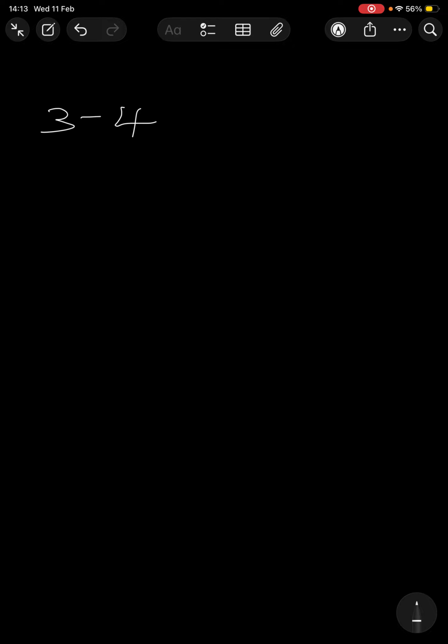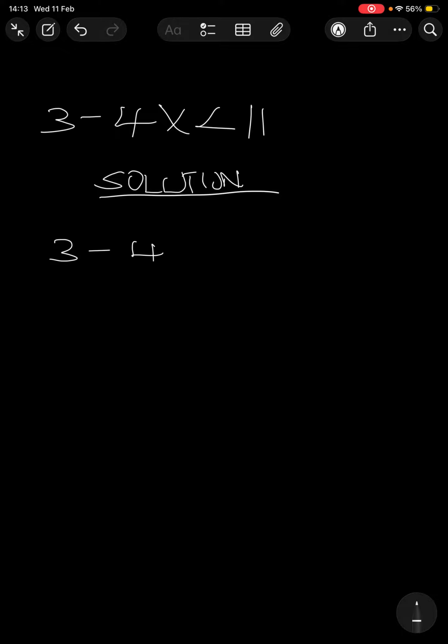Example 2, we have 3 minus 4x less than 11. You're supposed to master the 5 points. So can you make x the subject? We have 3 minus 4x less than 11.